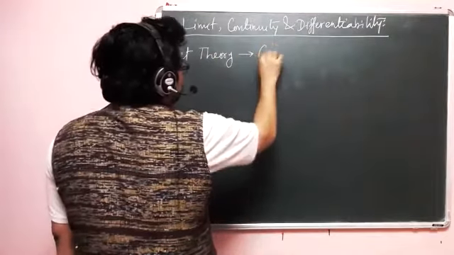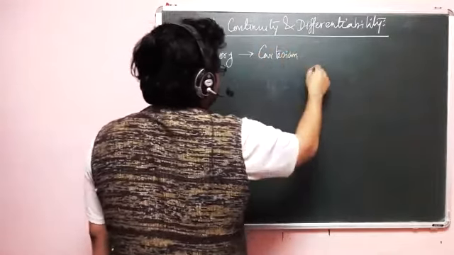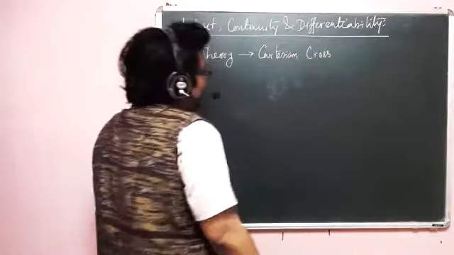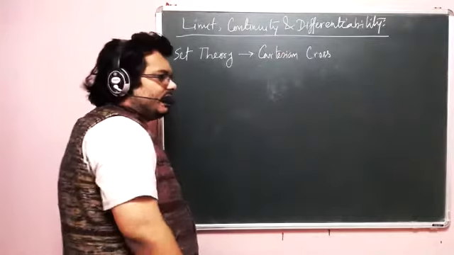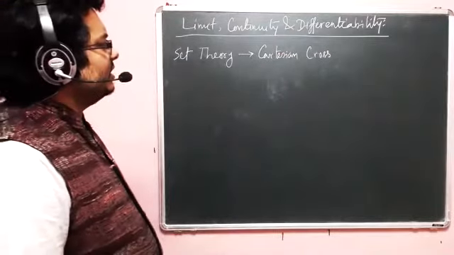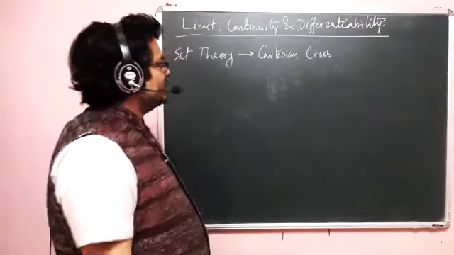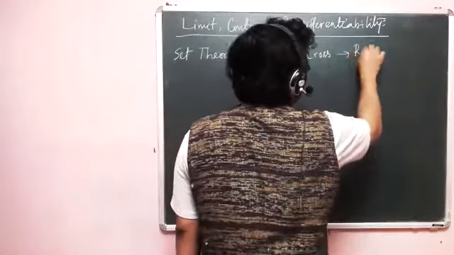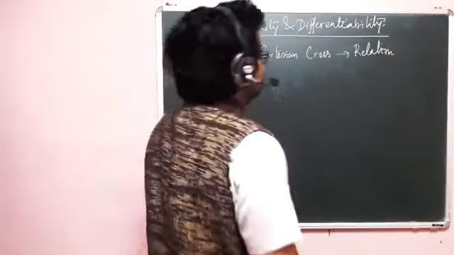In that, we study something called a Cartesian cross. This Cartesian cross connects us to the two-dimensional or three-dimensional geometric objects that we used to draw in middle school. From this Cartesian cross, we go to a concept called relation, which puts some restrictions.